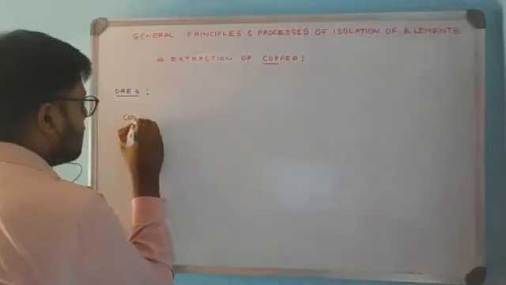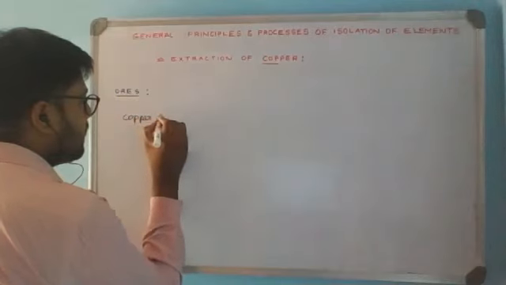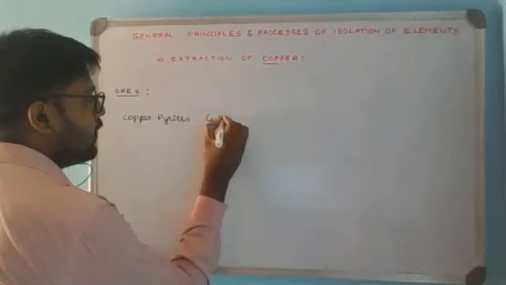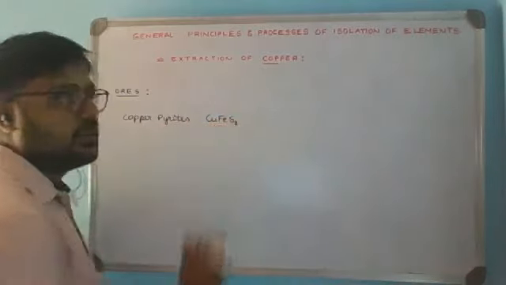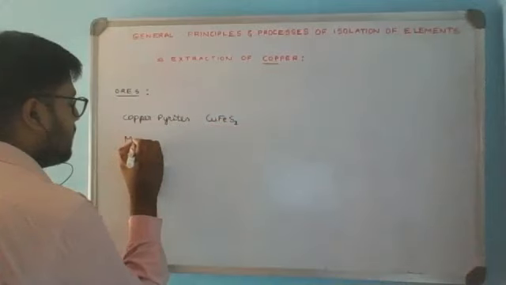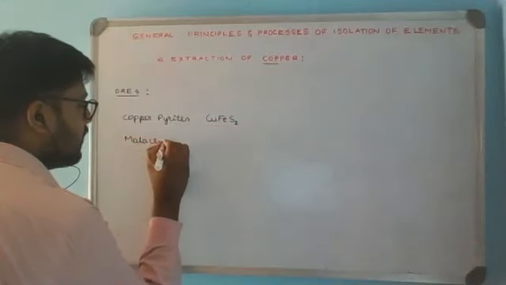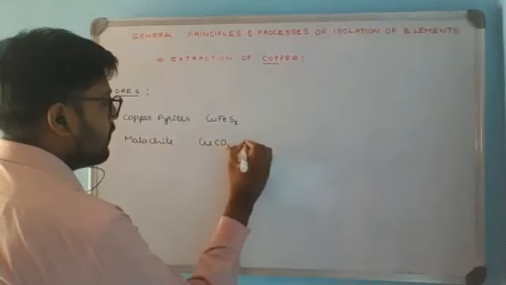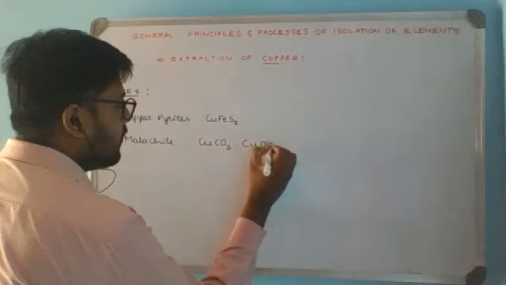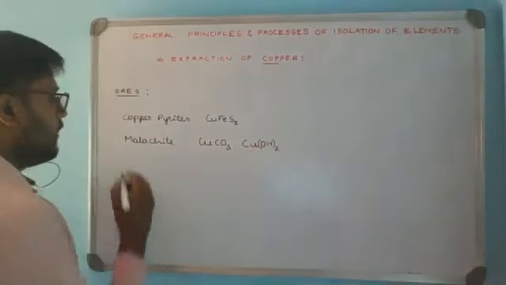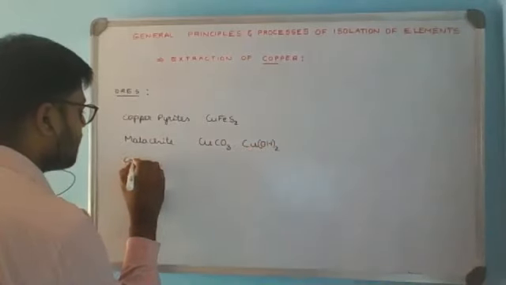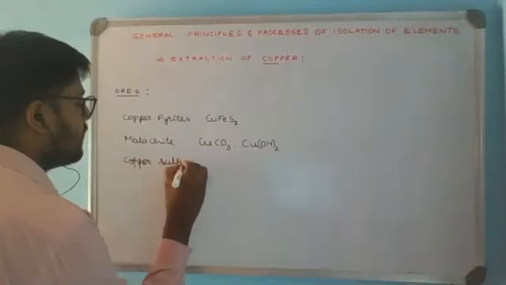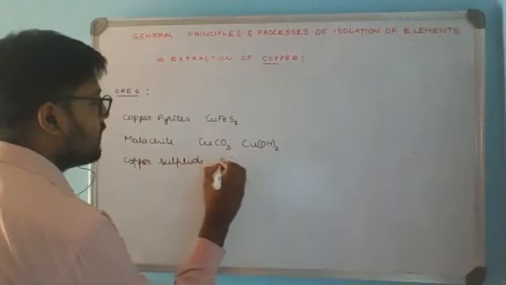So it is copper pyrites, CuFeS2, malachite, and copper sulfide, it is Cu2S.